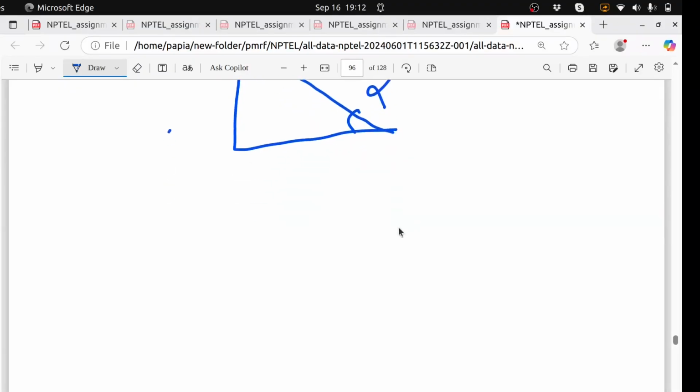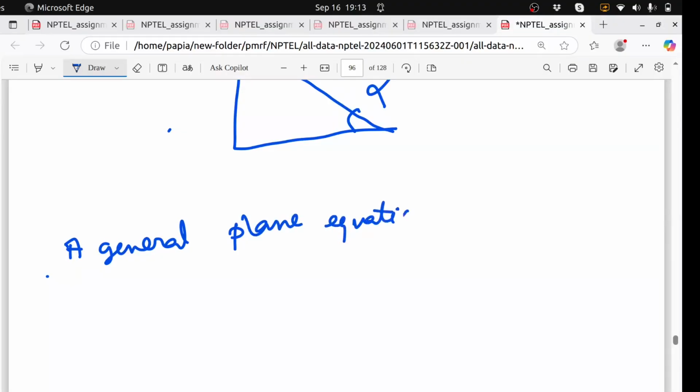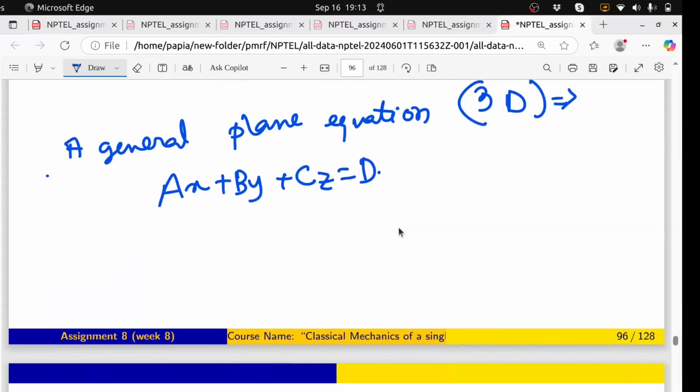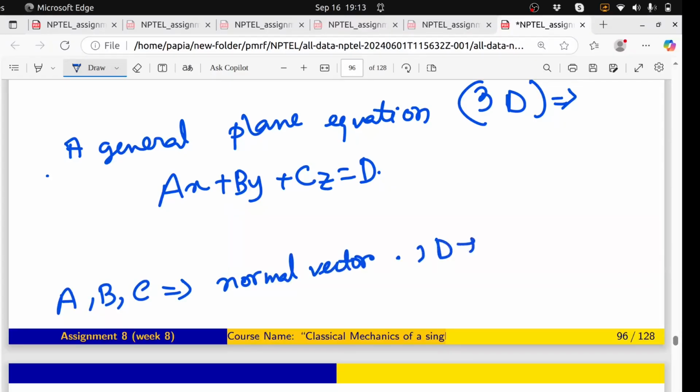In 3D space, I can write a general plane equation in 3D: ax plus by plus cz equals d, where x, y, z are the coordinates, right? And a, b, c are the normal vector components and d is a constant.